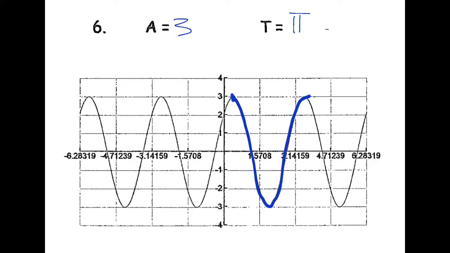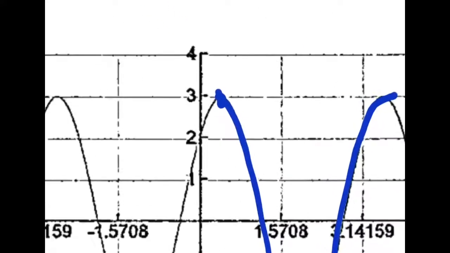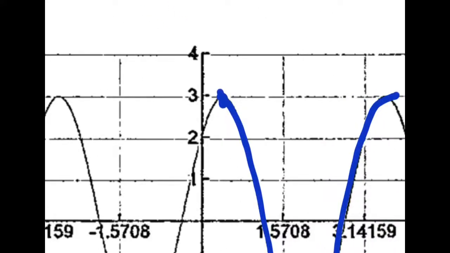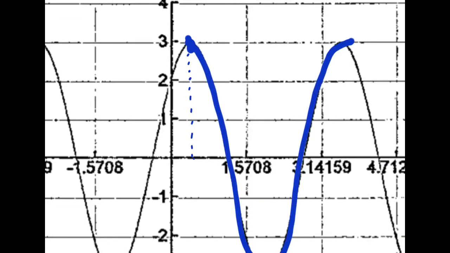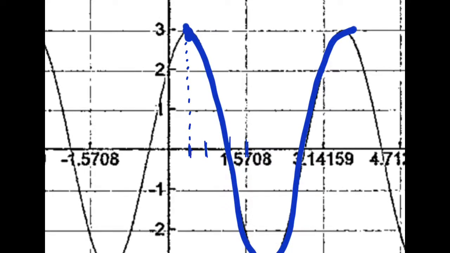So we need to figure out what that phase shift is. Can you picture what fraction of the whole big section this is? To me, it looks as if that is 1/4 of that big section, which means there are 8 of these little quarters in that full pi, which means that this has been moved to the right by pi over 8.